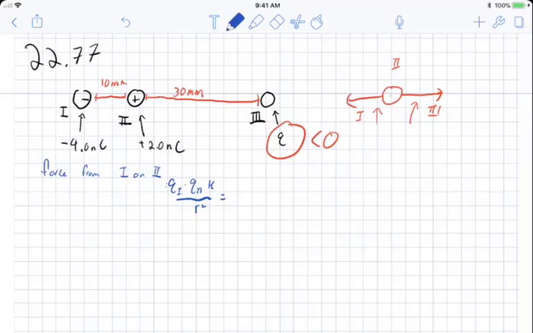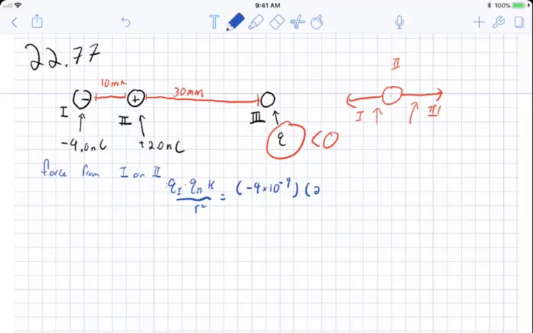Nanocoulombs. What does nano mean? Let's see. Somewhere is a conversion table, I believe. Otherwise, I'll have to ask Google. Oh, here it is at the front of the book. Nano means 10 to the minus 9. So charge 1 has minus 4 times 10 to the minus 9.